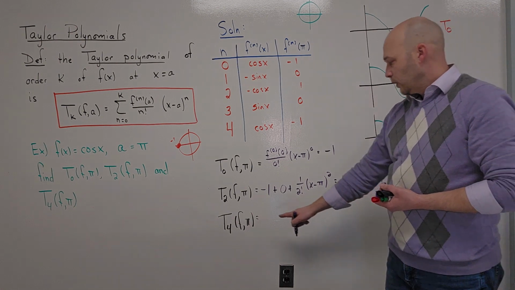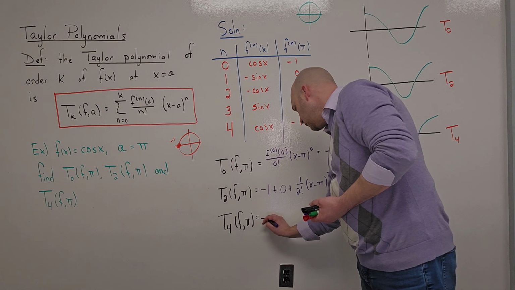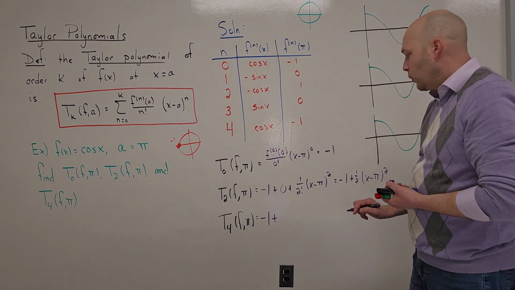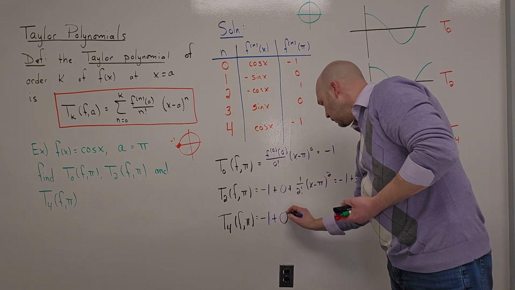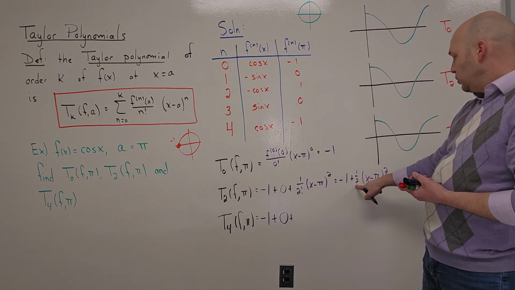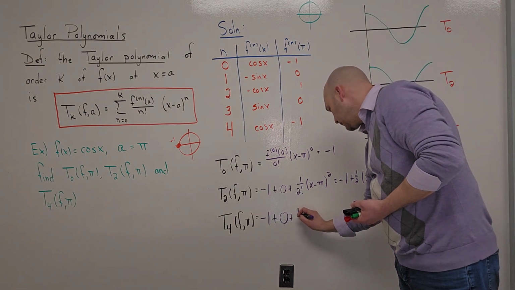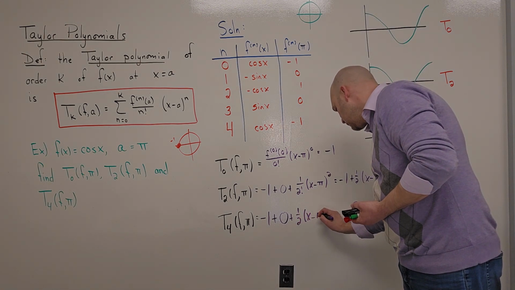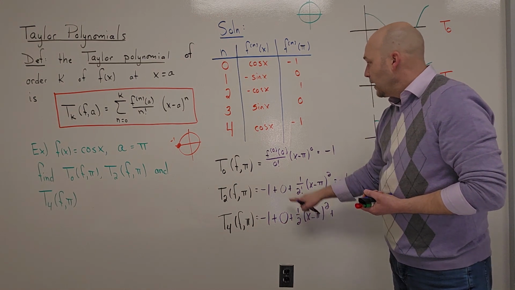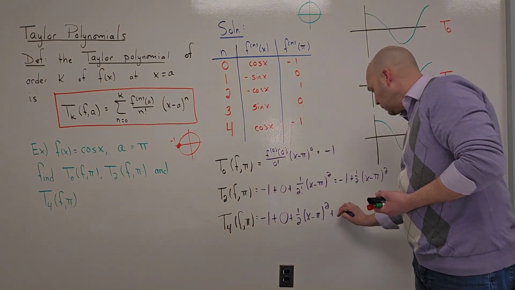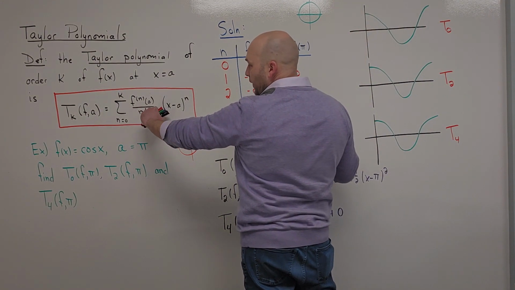For the Taylor polynomial of order 4, it's the term when n equals 0, which was negative 1, plus the term when n is 1, which is 0, plus the term when n is 2, which is the 1/2 x minus pi squared. When n equals 3, it's going to be 0, because again the derivative evaluated at pi is 0.